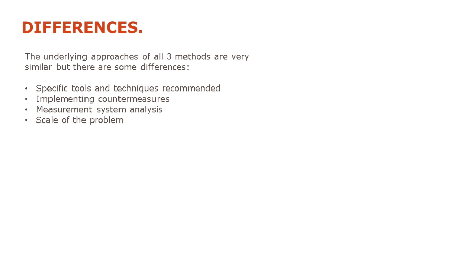So one thing to think about, particularly with the 8D, is it's very well focused on dealing with non-conformances and complaints and problems that are triggered by that sort of thing happening, because that's what it was designed to do. And implementing countermeasures is a really good step in there that's not really called out in the other two techniques. So I think it fits very well in that particular scenario.